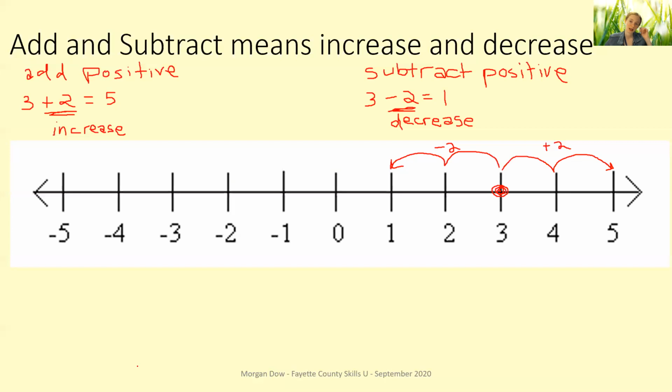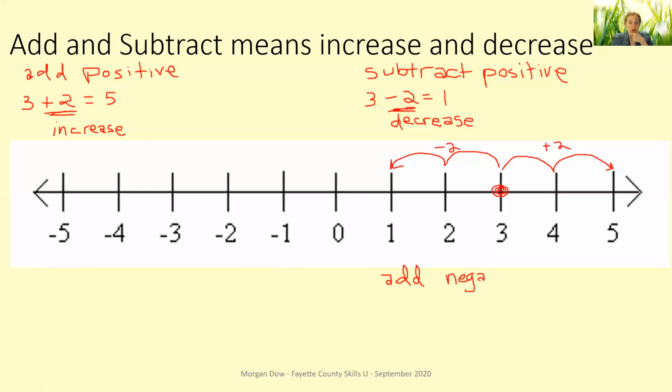So keeping in mind that adding makes you get bigger and subtracting makes you get smaller, we're going to see what happens when we now add or subtract with negative numbers. So what happens when instead of adding a positive number, now I'm going to add a negative number.